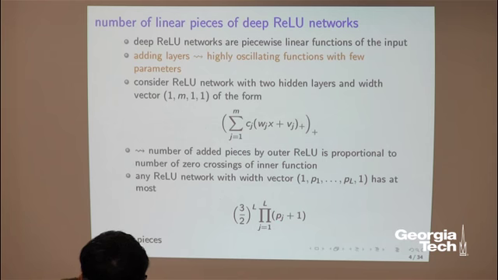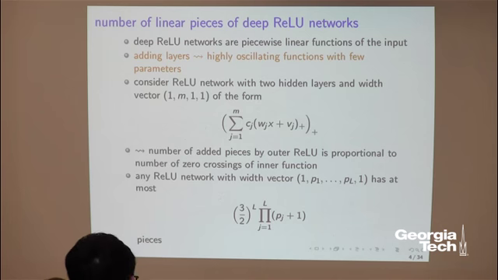You see that the number of parameters is something like the sum over Pi times Pi plus 1, the number of entries in the weight matrices. But the number in the upper bound is a product, which can grow much faster than the number of network parameters. This means you can generate highly complex objects with rather few parameters.